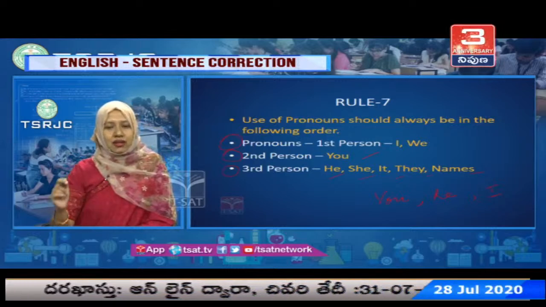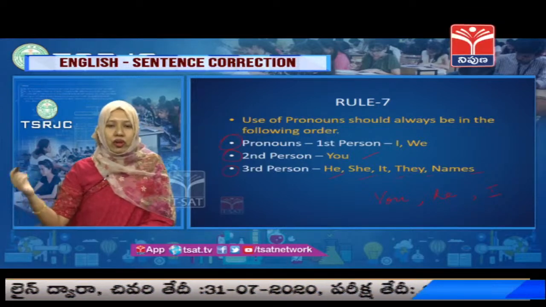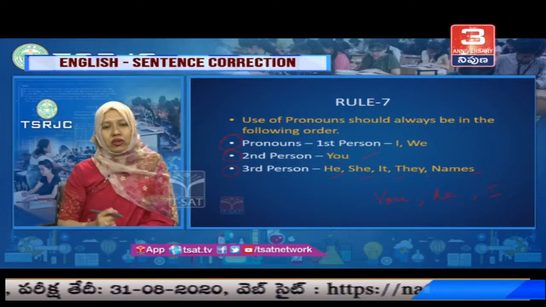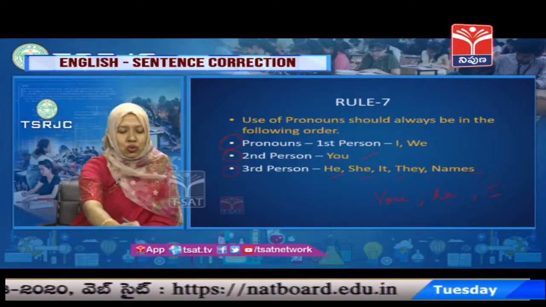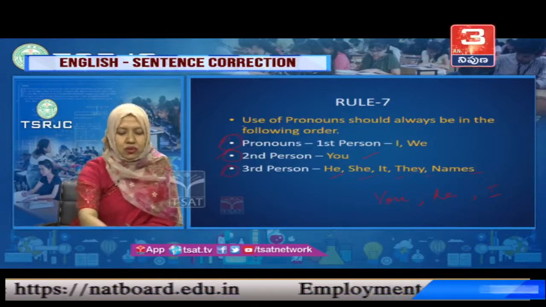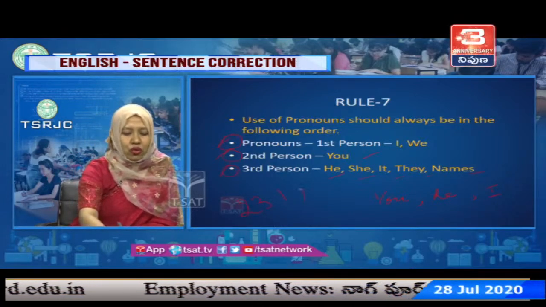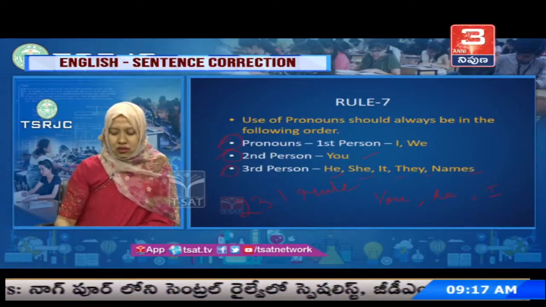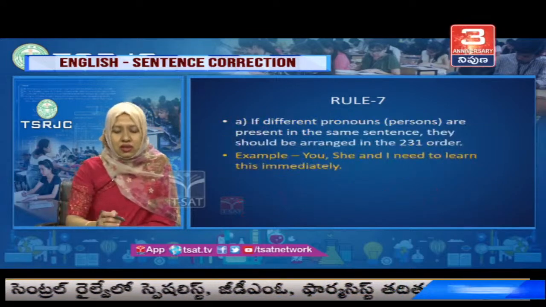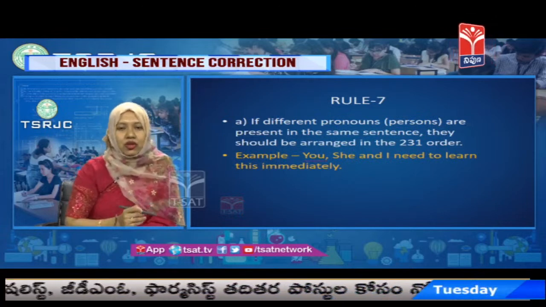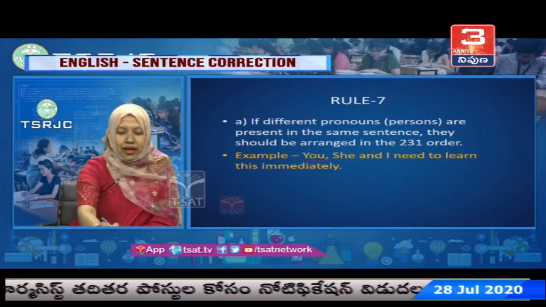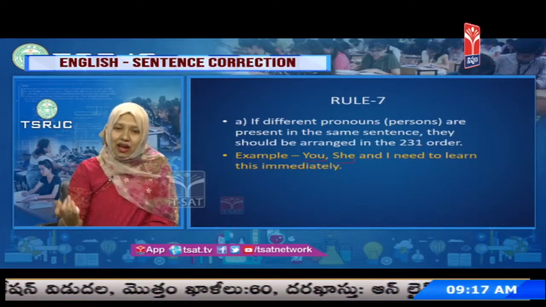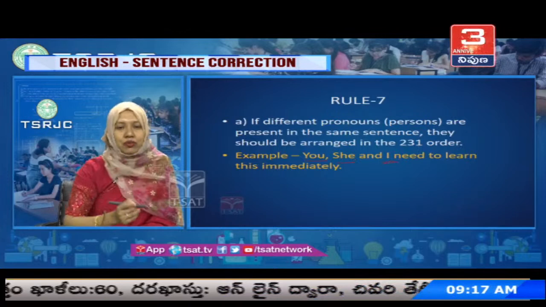When you write a sentence, if you are mentioning more than two or three persons in a sentence, then you have to follow this order: 2, 3, 1. In this, you use first the second person you, next comes the third person she, and then I. I is the first person.